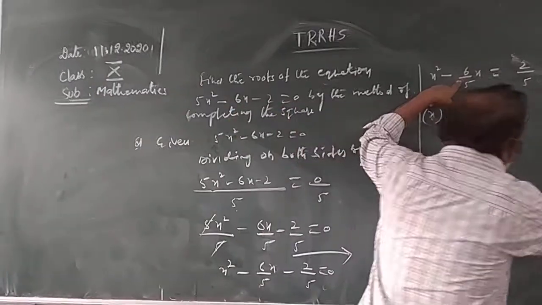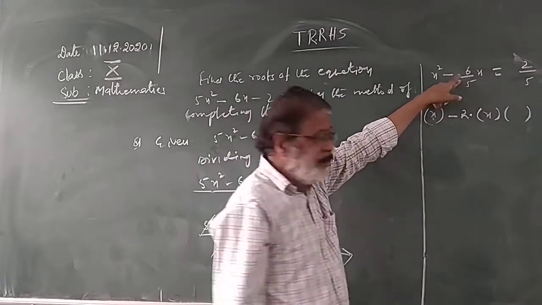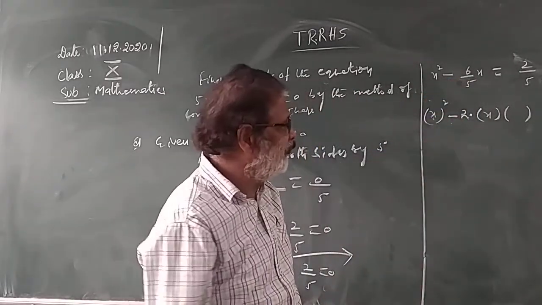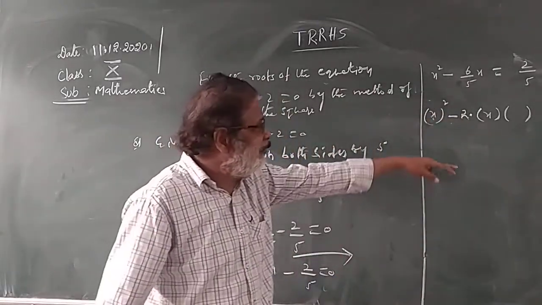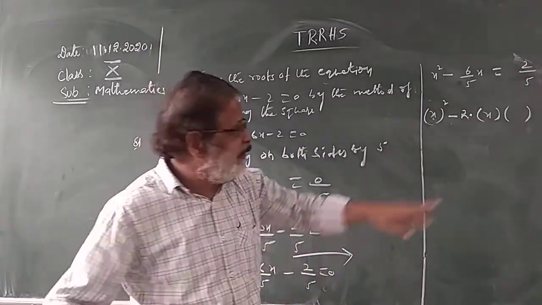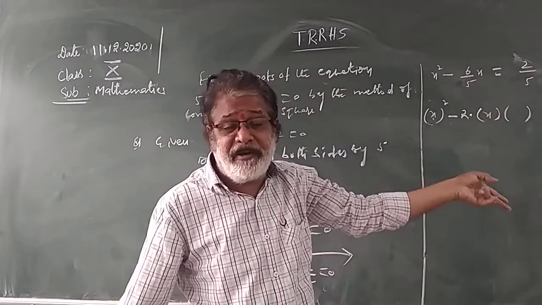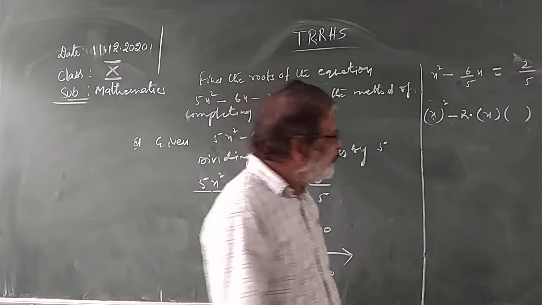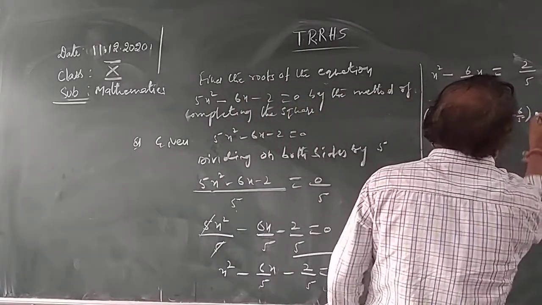What is the x coefficient here? 6/5. So b is half into 6/5.